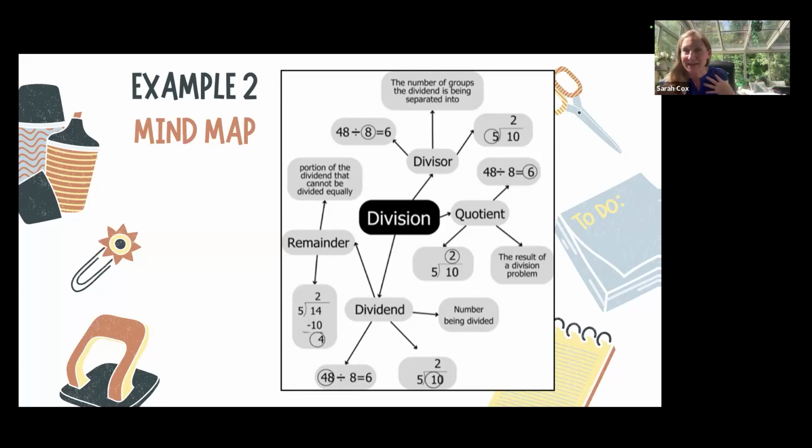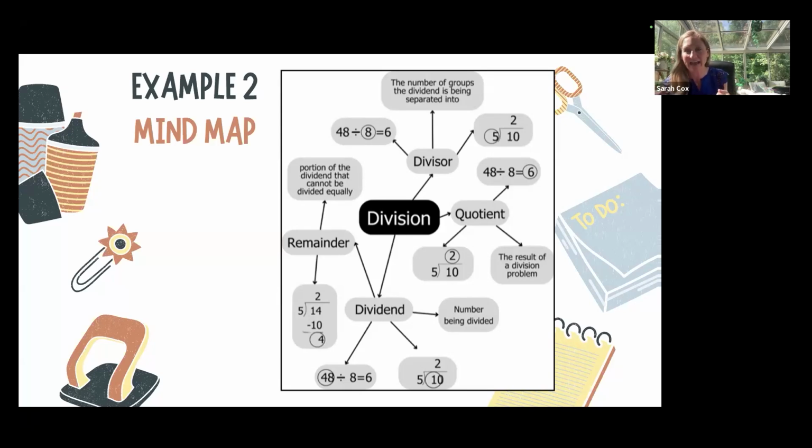Now, as teachers, we can make choices in terms of how this is visually presented, right? I wanted to put this here to show you how his thought process was working. So he was thinking division was the thing, and then it was helping him as he was thinking, okay, when she's saying dividend, what she's really talking about is the number that's being divided.